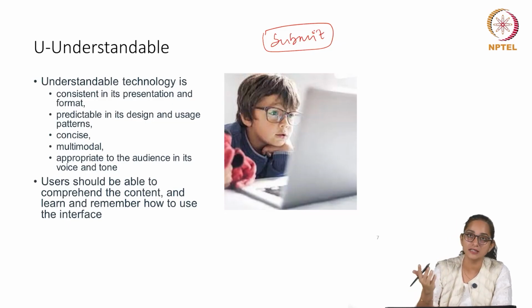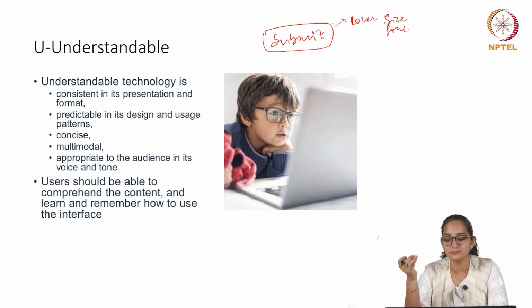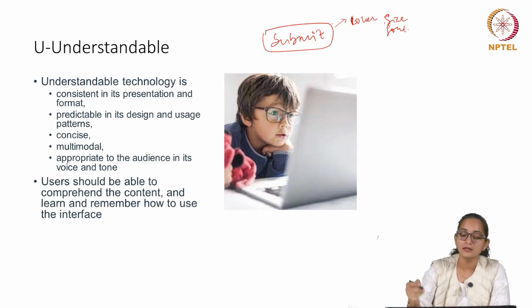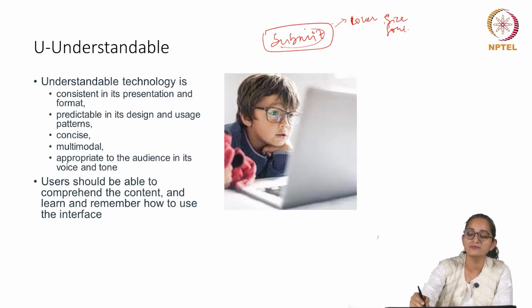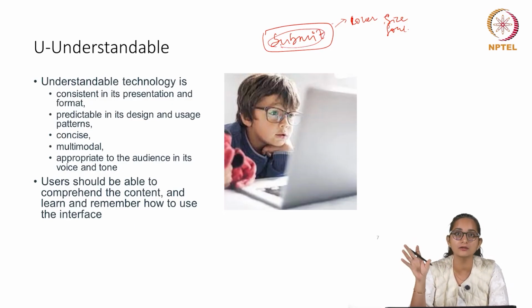The color contrast, the size of the font, all of those things are related to perceivability, so that I am able to sense it. Then whether whatever is written is cohesive, is it in line with the content of the website or the content of the interaction as well.